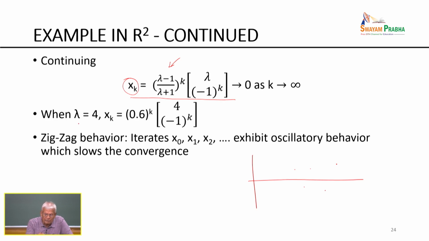So, if I pick lambda equal to 4, in k iteration it will be 0.6 to the power k times 4 times minus 1 to the power k. So, the sequence exhibits oscillatory behavior. I want the sequence to move towards 0, 0. So, instead of moving steadily and monotonically, it moves, but ever so slowly, by going up and down, up and down.